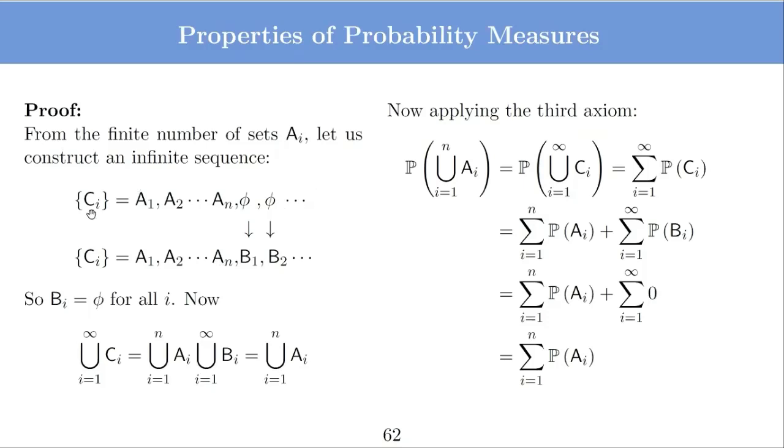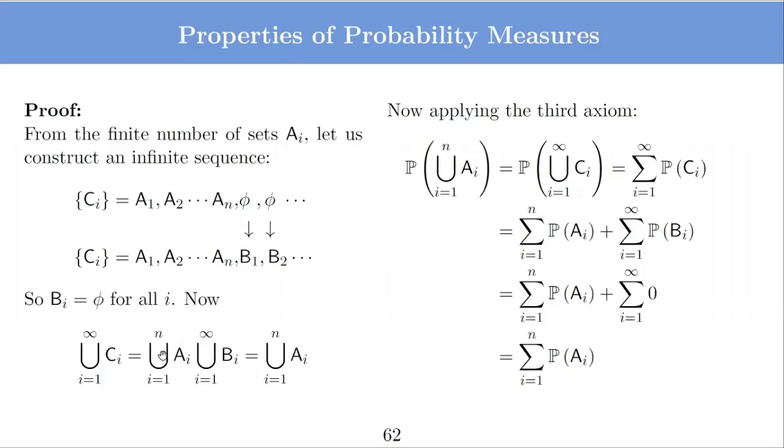So just to say it again, the sequence is constructed in a way that Ci is made from A1, A2, up to An, and after that it follows with B1, B2, and so on, where Bi is equal to phi for all i. Now, what we can see here is if you take the union of all these sets Ci, this infinite countable union, then this is equal to the union of these Ai's and then these Bi's.